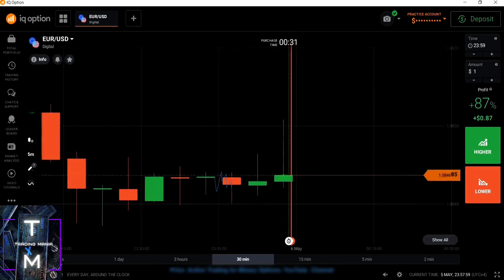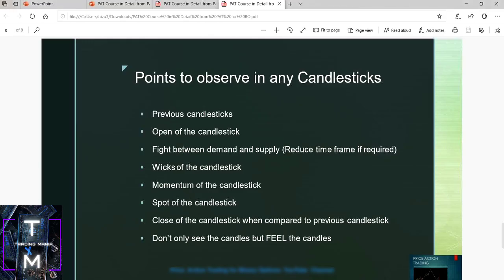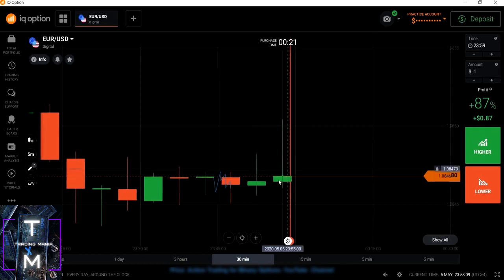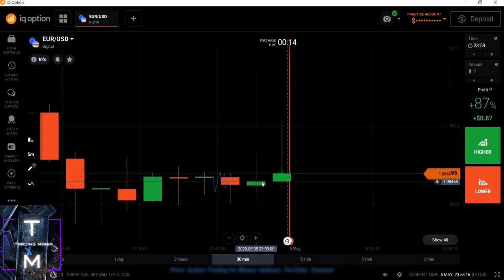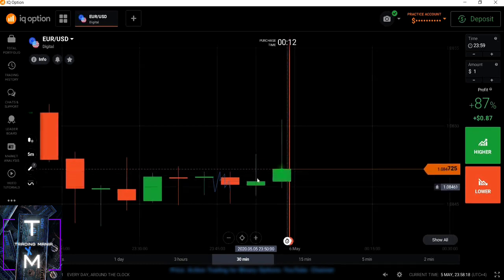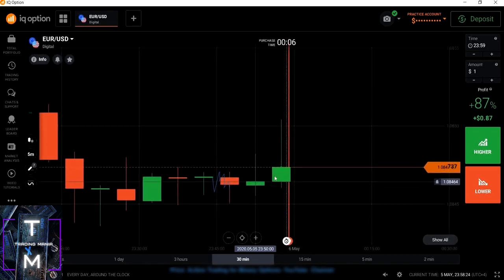Now with this, what you have to notice is the close of the candlestick compared to the previous candlesticks. So after this candle closes, you have to notice its close compared to the previous close. Okay, that is very important, because in the next videos I'll explain what is so important in that.